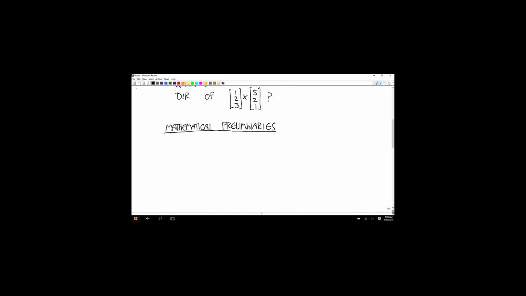And we're going to talk about what we need to know about differential equations. So ordinary differential equations. And we're only going to need one technique.